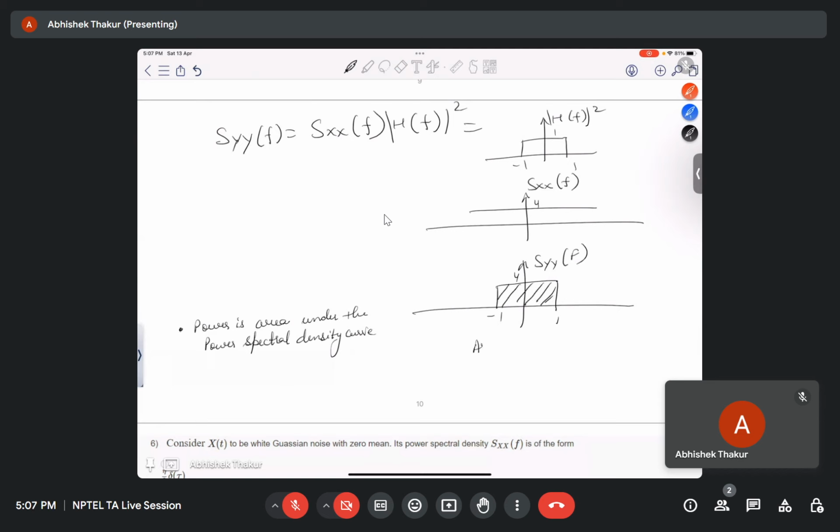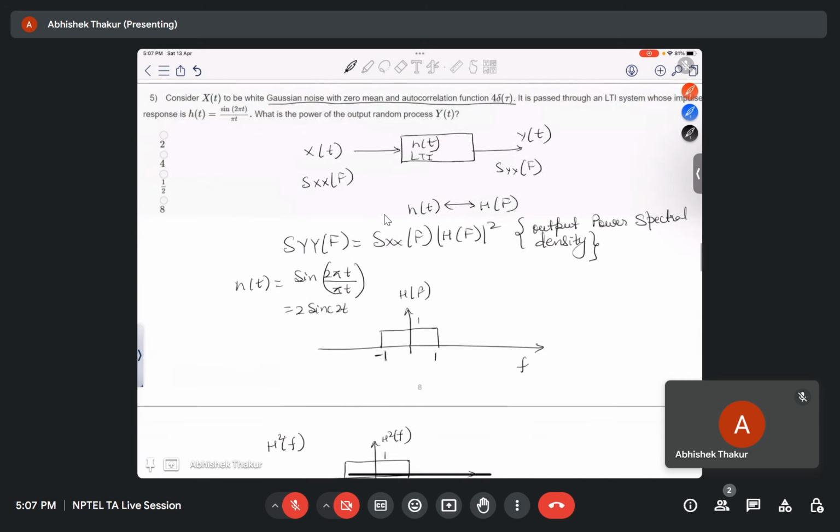So area is equal to 4 into (1 minus (-1)), which is 4 into 2, that is 8. So power is equal to 8. The correct answer for this question is option D. Now we'll move on to the next question.